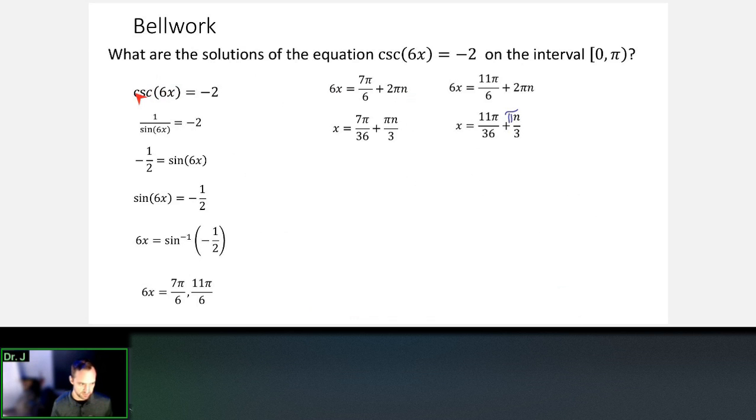So this is the cosecant of 6x. And that's how you deal with when you have a coefficient inside the parentheses. So we're actually adding only pi over 3 every single time.